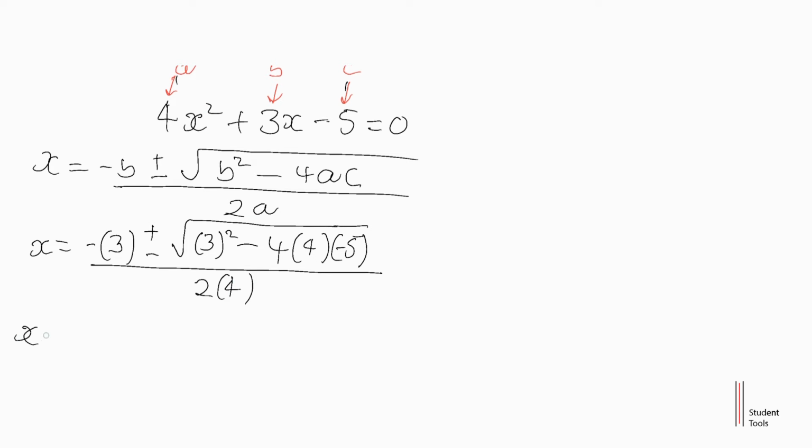So x is equal to negative 3 plus or minus. I'm going to say it again. Never forget this plus or minus. The square root of 3 squared is 9, minus 4 multiplied by 4, that is 16. 16 multiplied by negative 5, that is 80, over 8.